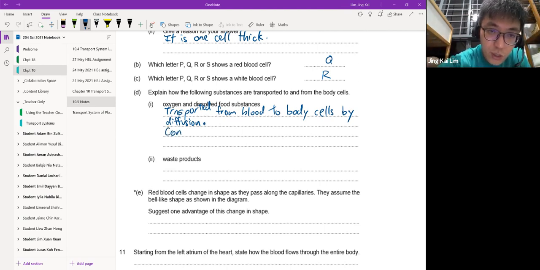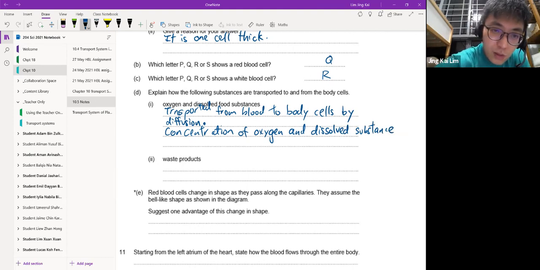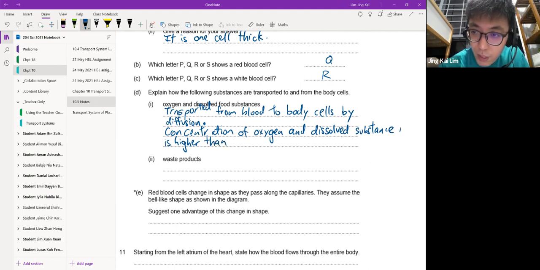So the concentration of oxygen and dissolved substances is higher in blood than in body cells. So diffusion happens.